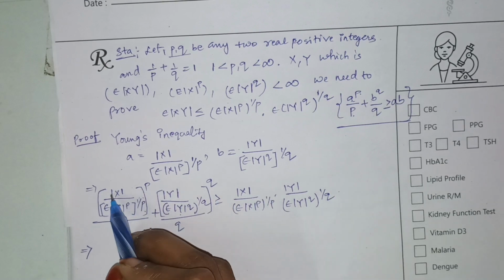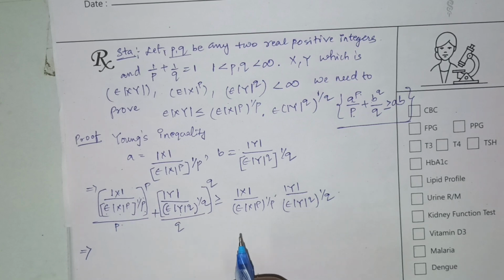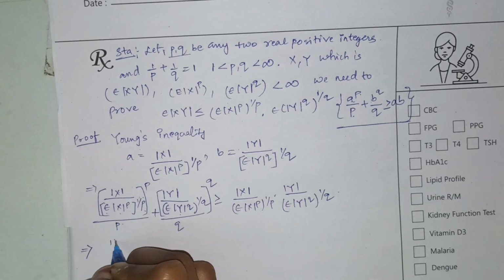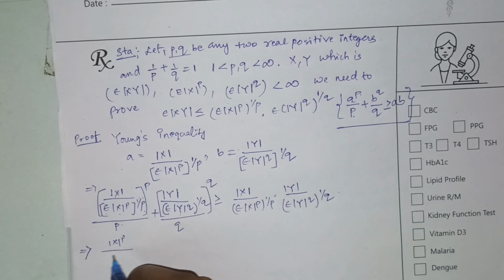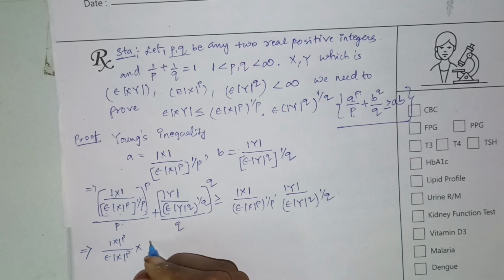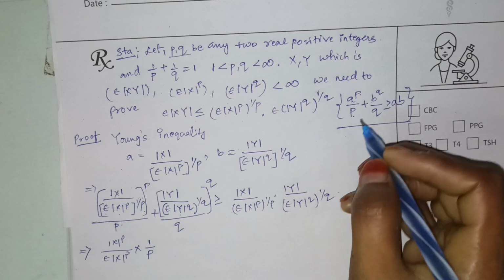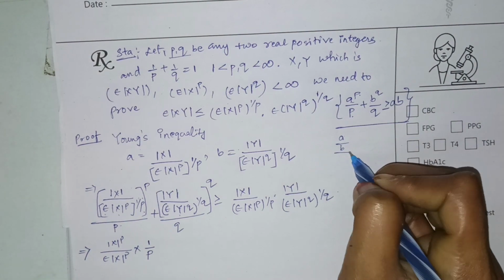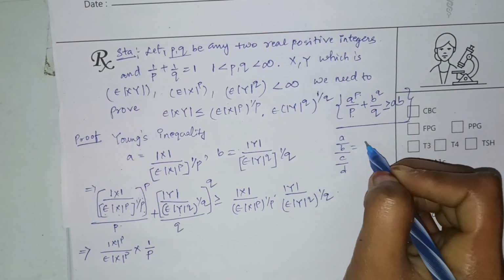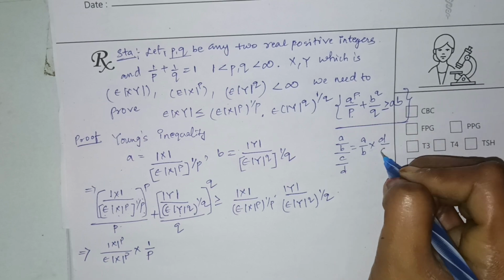So you get only mod x to the power of p by expectation of mod x to the power of p. And this p I can write as 1 by p, which is nothing but a by b by c by d is equal to a by b into d by c.